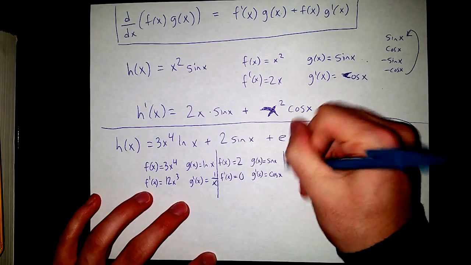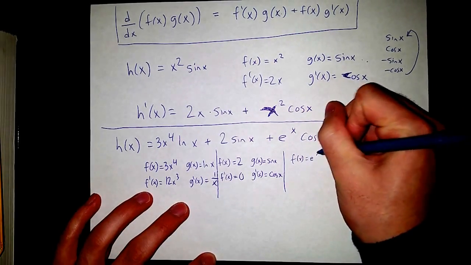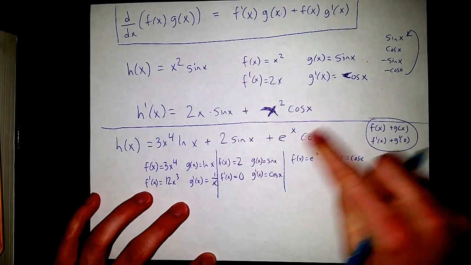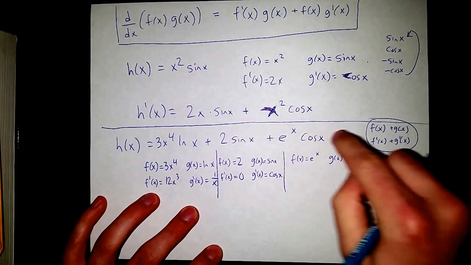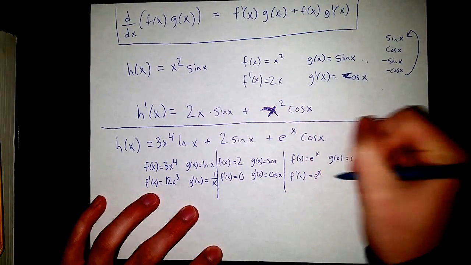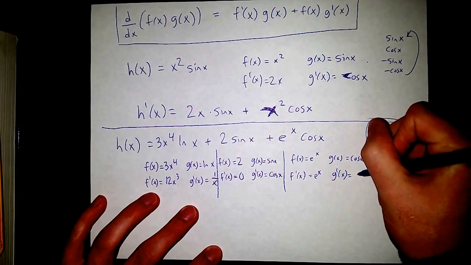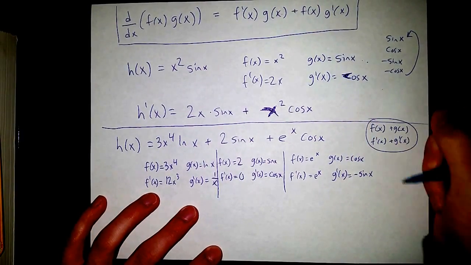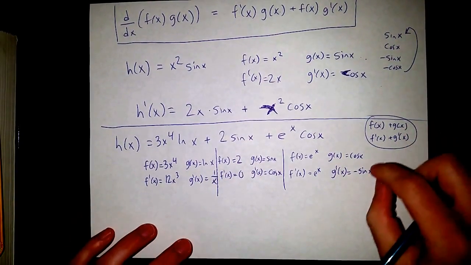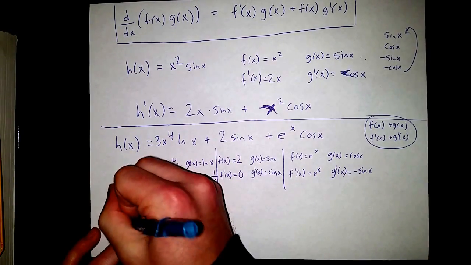Now finally we have the exponential of x and cosine of x. The derivative of e to the x is e to the x. It's the only function whose derivative is itself. Cosine minus sine, right there. I gotta go back and work on my trig, I guess.